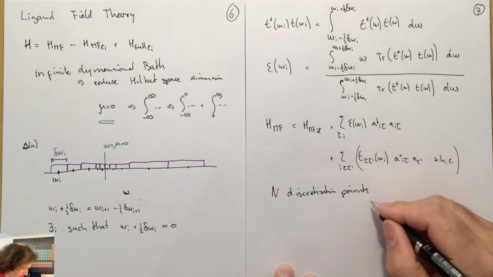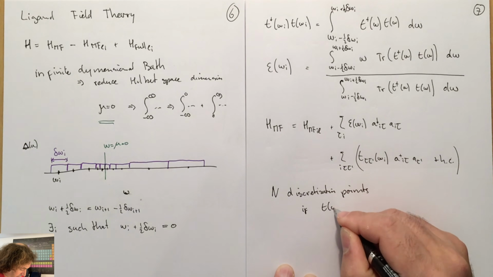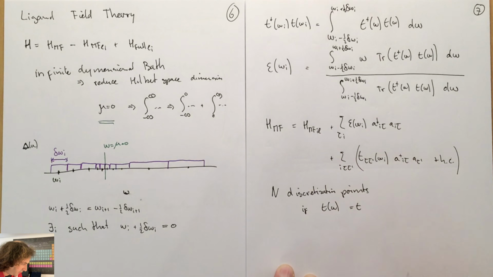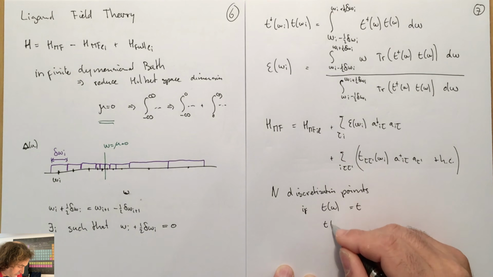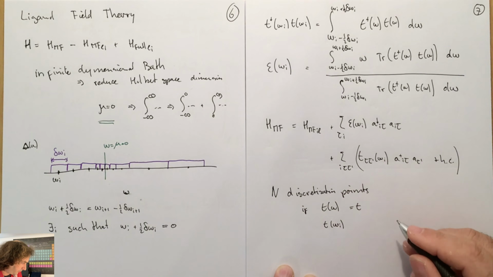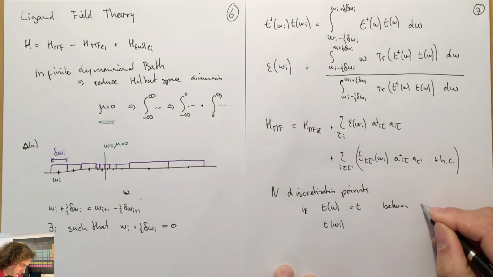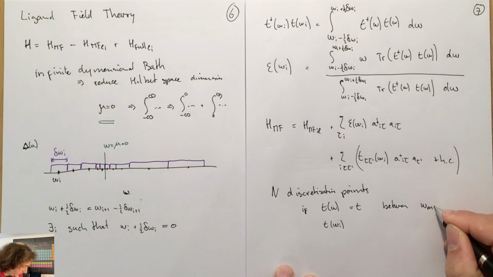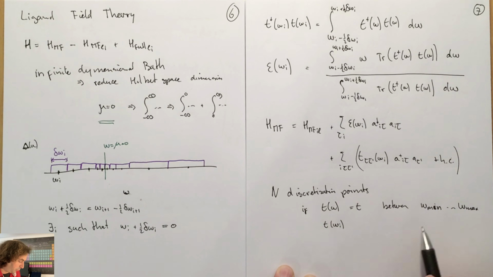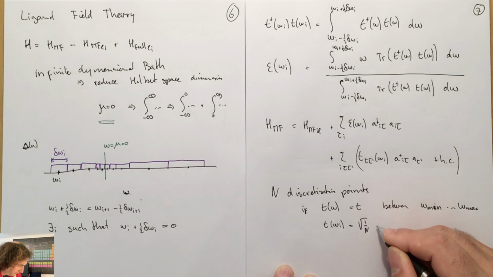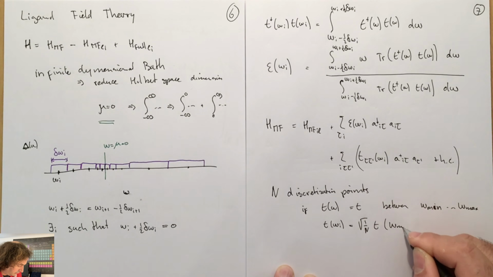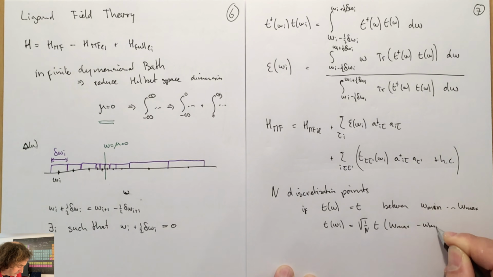So if your hopping is frequency independent, then the hopping that we get in between omega min to omega max, and we take n points in that interval, then your hopping will be square root of 1 over n times t times omega max minus omega min.